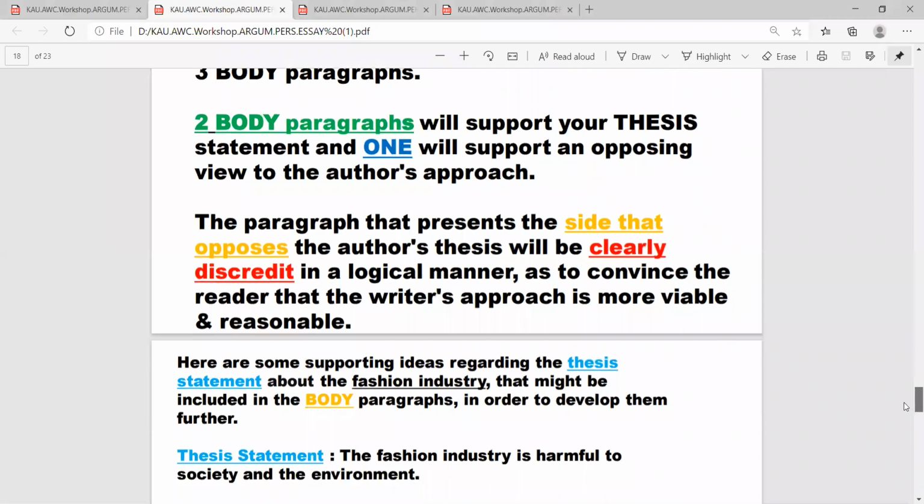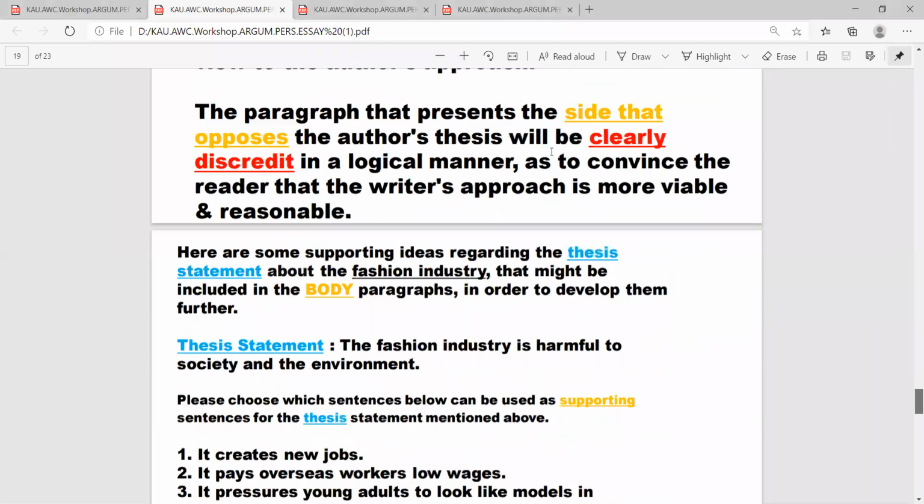All right, the paragraph that presents the side that opposes the author's thesis will be clearly discredited. Well, you see, there's a typo there. Sorry. It should read: will clearly discredit in a logical manner so as to convince the reader that the writer's approach is more viable and reasonable.